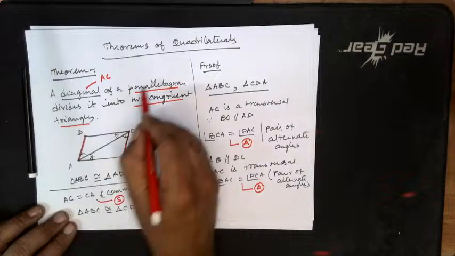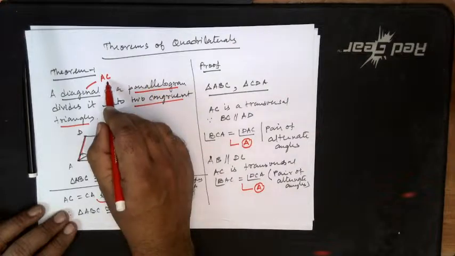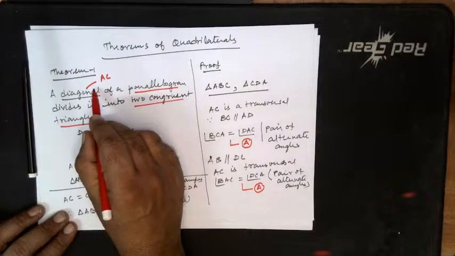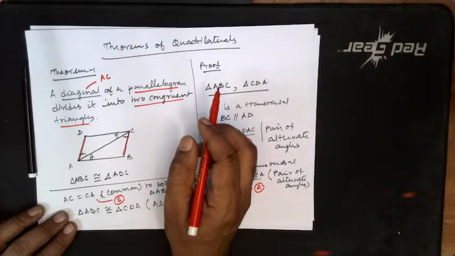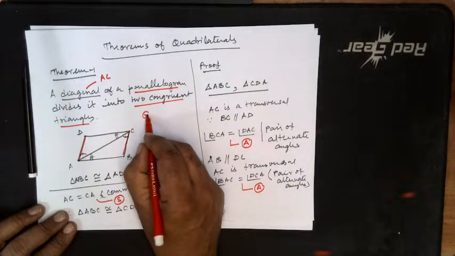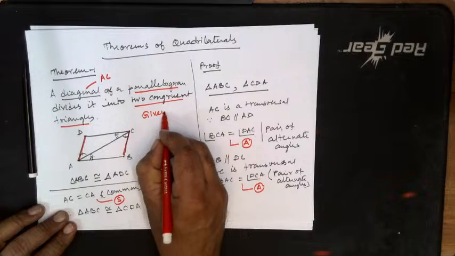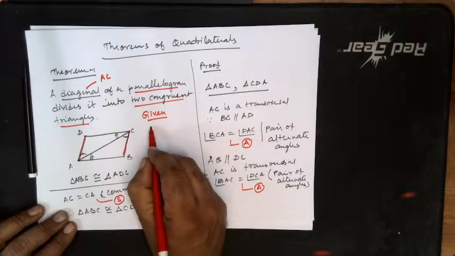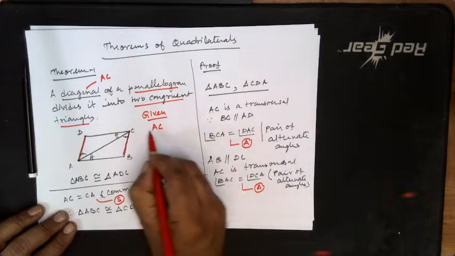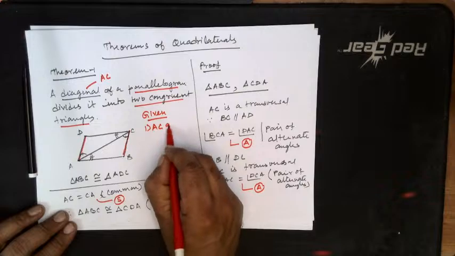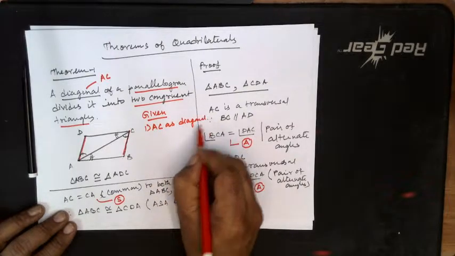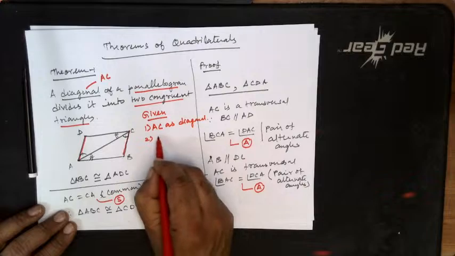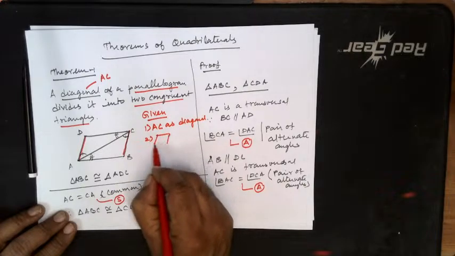So these two are given, is it not? The inputs are, it is given AC as diagonal, right? And second, ABCD is a parallelogram.